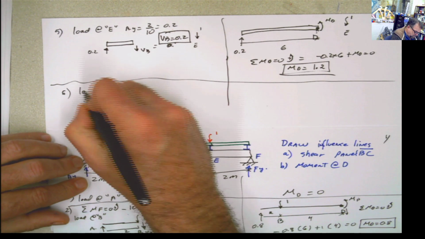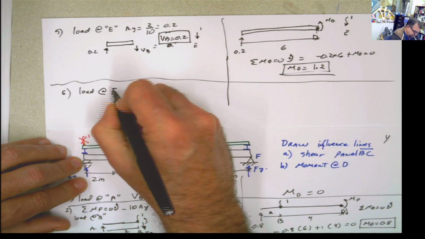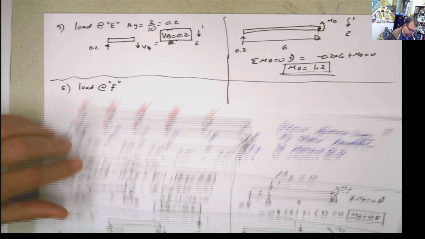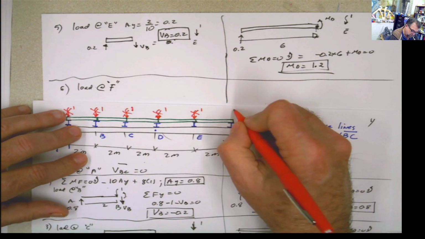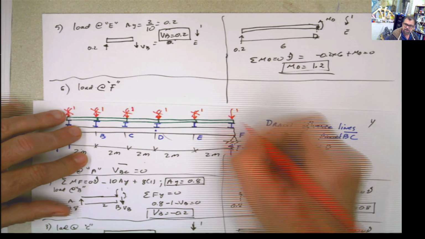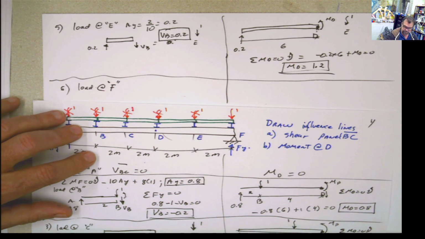When the load is at F, right there, the load is going to move from here and it's going to be right there. What happens here? 5, 4, 3, 2, 1. Tell me. Exactly.